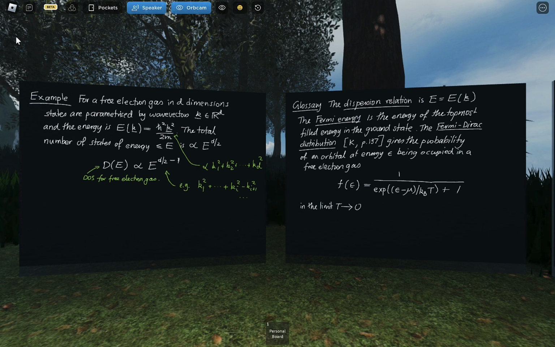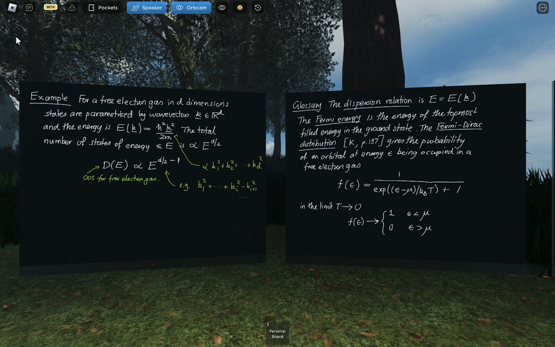Let us figure out what mu should be. It's one of the terms that's on the board, but we can discover which one by taking the limit. So in the limit as T goes to 0, or maybe T is infinitesimal, given the previous talk, f(epsilon) becomes 1 if epsilon is less than mu, and 0 if epsilon is greater than mu.